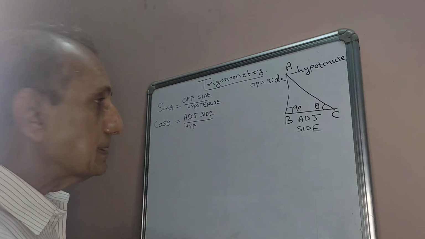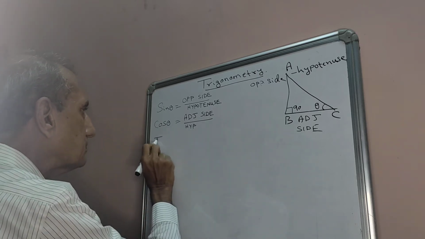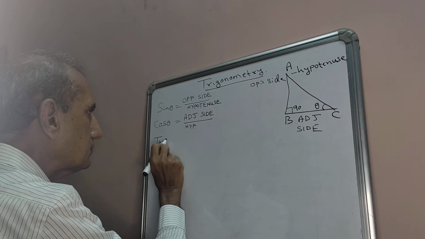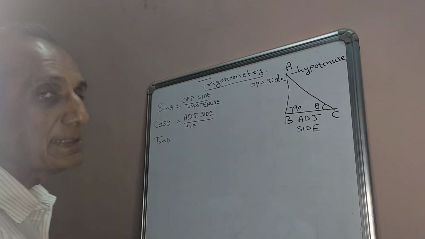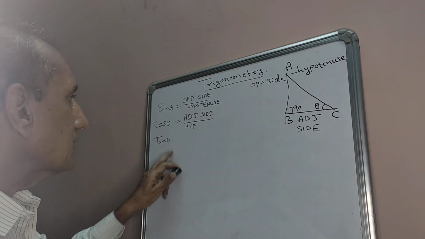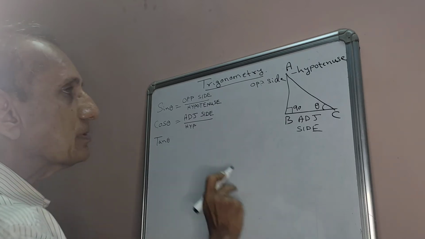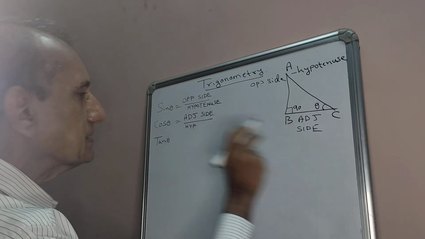The next comes the tan theta. It is normally called the tangent, but in short we call it tan theta. Tan theta is what? Opposite side by adjacent side.